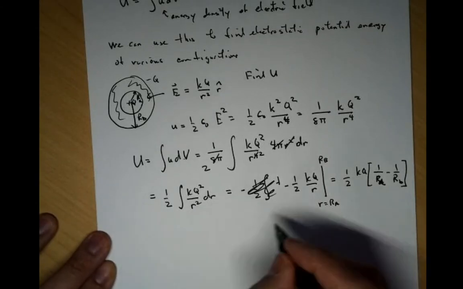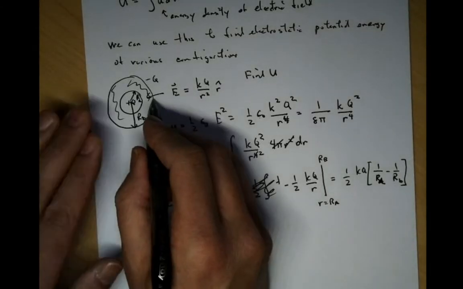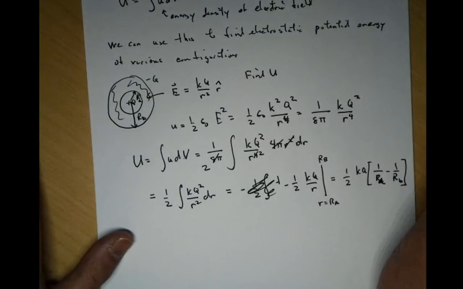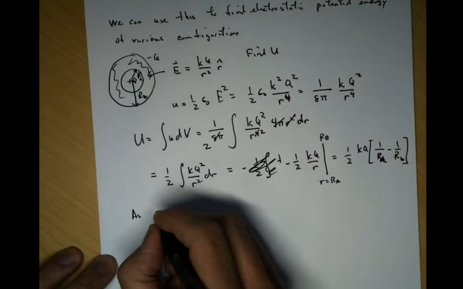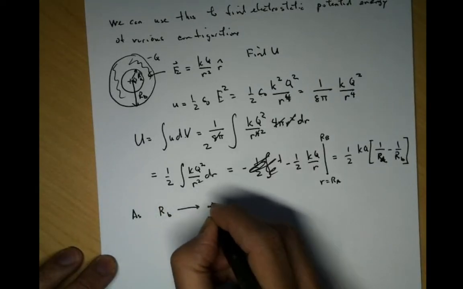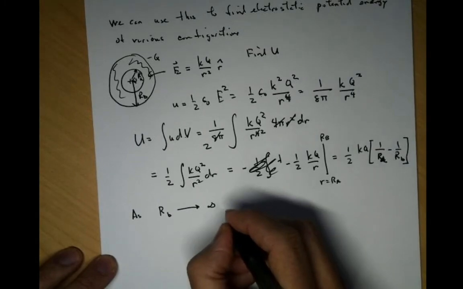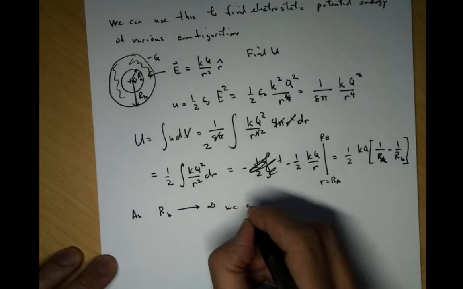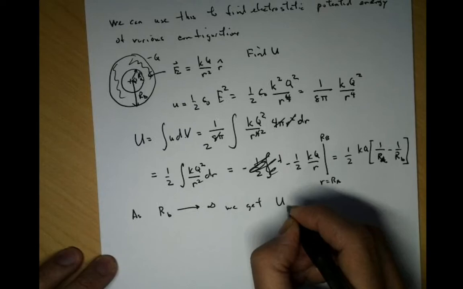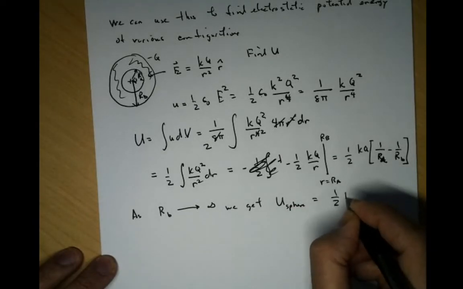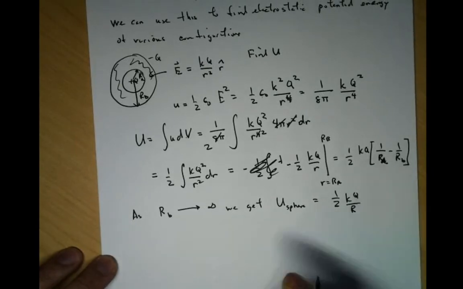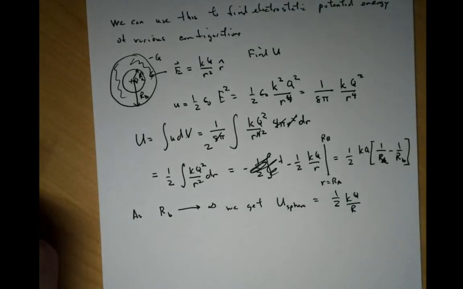And so basically, if we take this R and set this to infinity, right, as RB goes to infinity, all right, we get U of the sphere, right, 1/2 KQ over R, right, which is exactly what we got before, okay, beautiful.